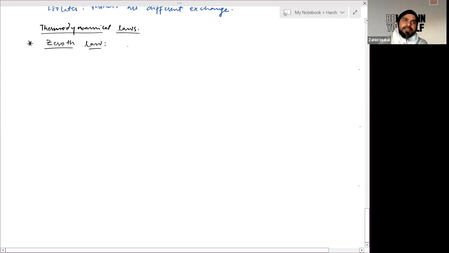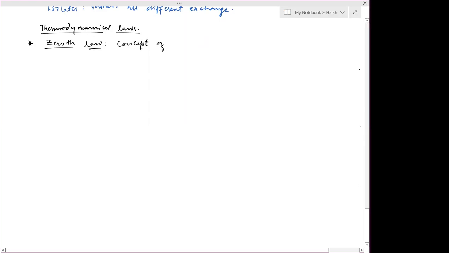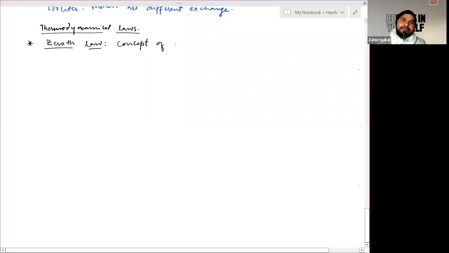It simply explains the concept of temperature and thermal equilibrium, right? Yes, sir. It states that two systems in thermal equilibrium with a third system are in thermal equilibrium with each other, right? Yeah, that is the law. Okay.